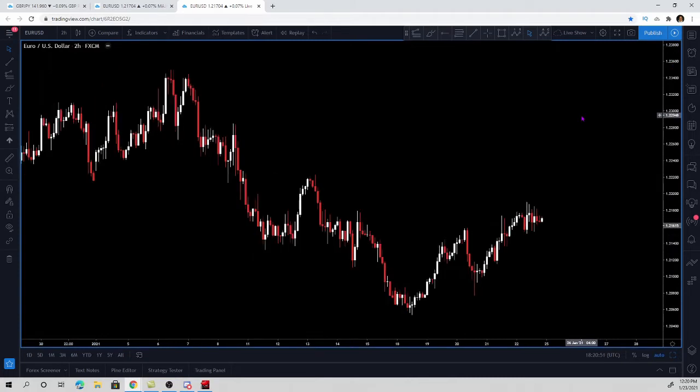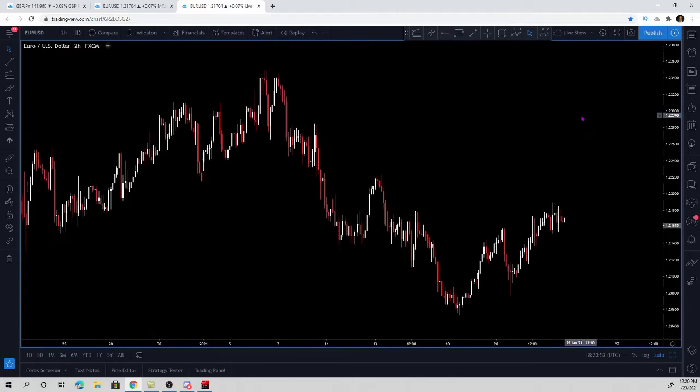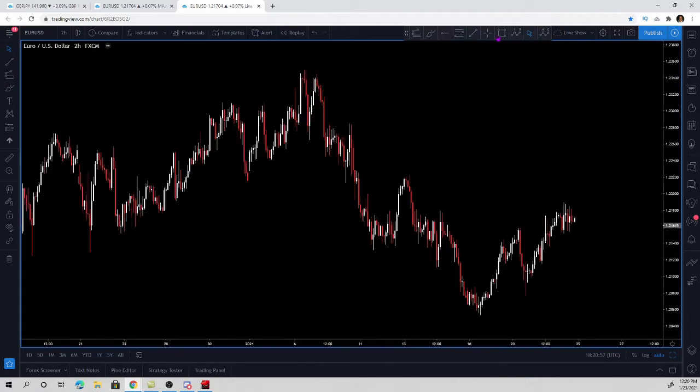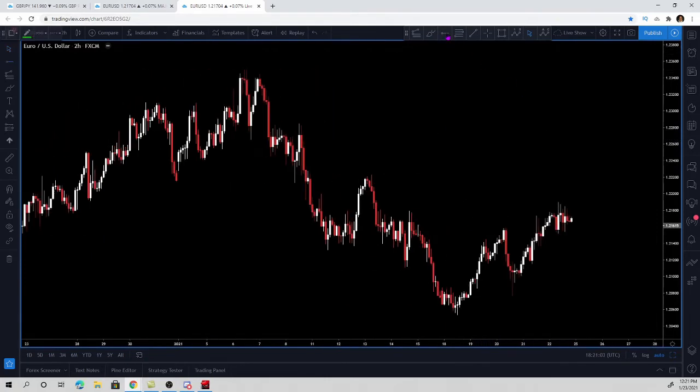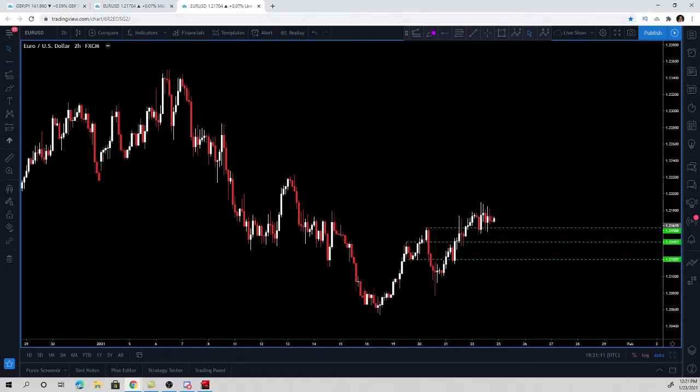Now, tip number two: only use support and resistance levels based on historic price action. What do I mean by that? Even if you are looking at the higher time frames, you can start looking at levels of support and resistance all over the place. That is not a good way to analyze the markets, because you are going to end up with a chart looking like this.